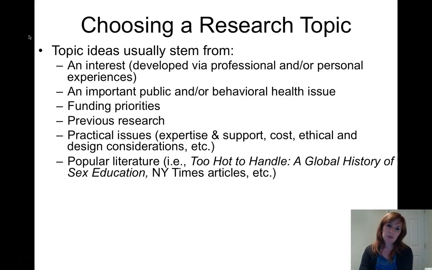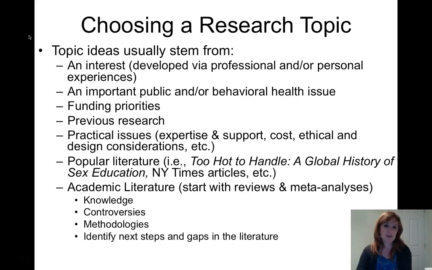And I also think we tend to look a lot at academic literature, which should be where we're grounded for the most part in developing our ideas. But I think popular literature is also a great place to really think about the more human side of some of the research. For example, Too Hot to Handle, A Global History of Sex Education, New York Times articles, whatever your area of interest is, being able to do some more pop culture reading or popular literature reading on that topic, I think is a really useful way to connect more narrative ideas of these topics with the academic literature.